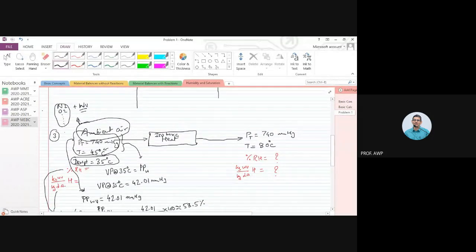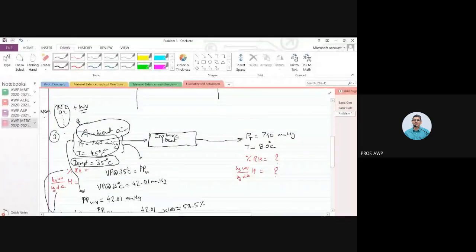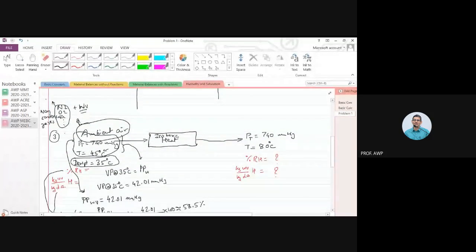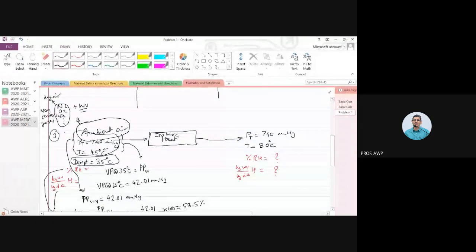All these non-condensable gases, which cannot be condensed, form our dry air. Dry air means without the water vapor.